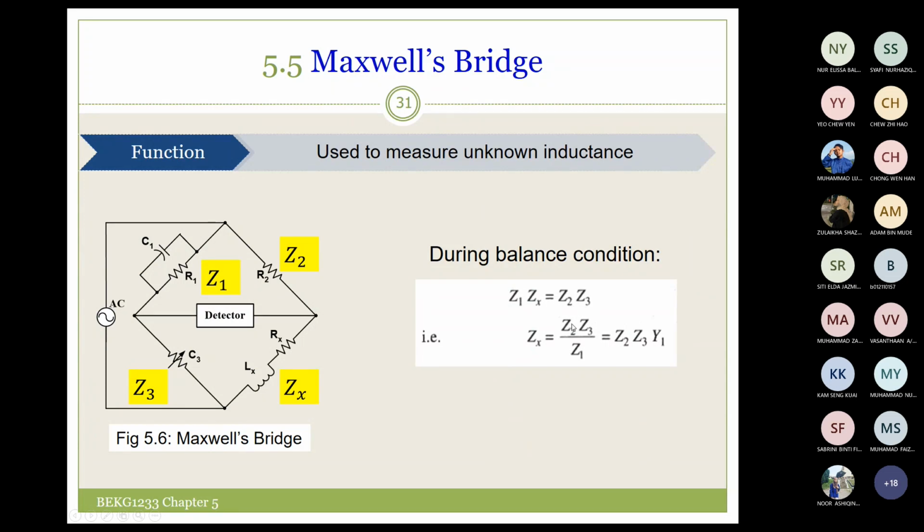Then Zx is equal to Z2 times Z3 over Z1. And we can change Z1 into Y1, so Zx equals Z2 Z3 Y1, and then we can find Zx.